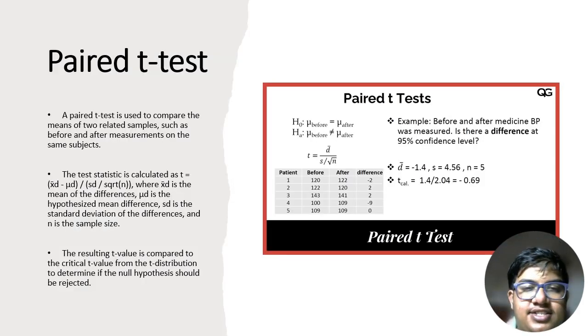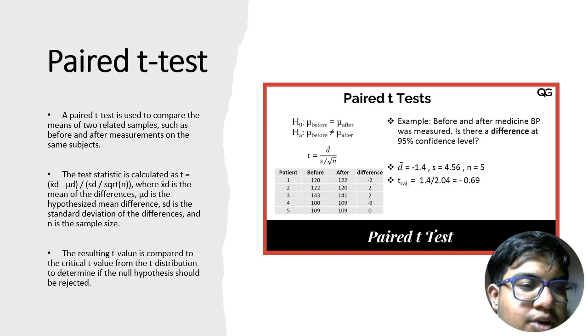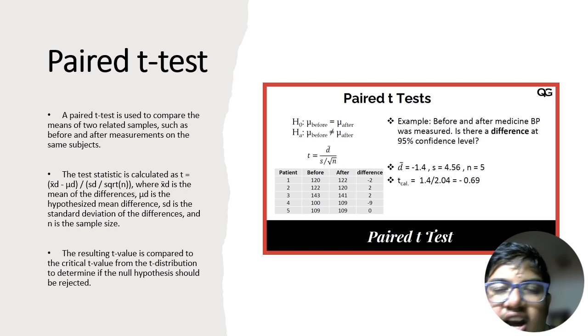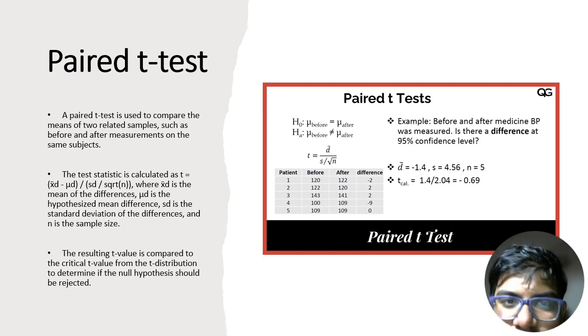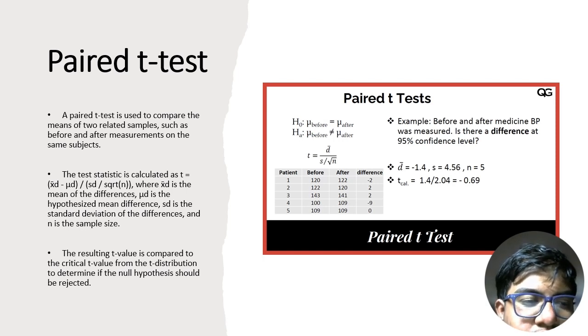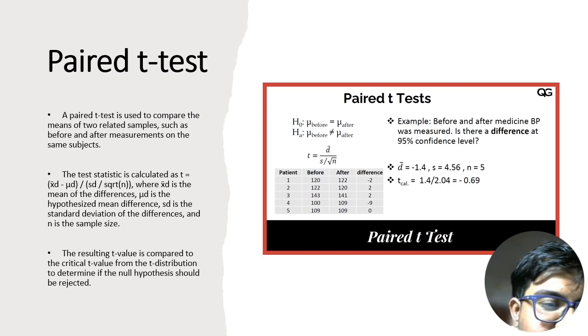Paired t-test. A paired t-test is used to compare the means of two related samples, such as before and after measurements on the same subject. The test statistic is calculated as t equals x-bar d minus mu d divided by sd divided by the square root of n, where x-bar d is the mean of the differences, mu d is the hypothesized mean difference, sd is the standard deviation of the differences, and n is the sample size.